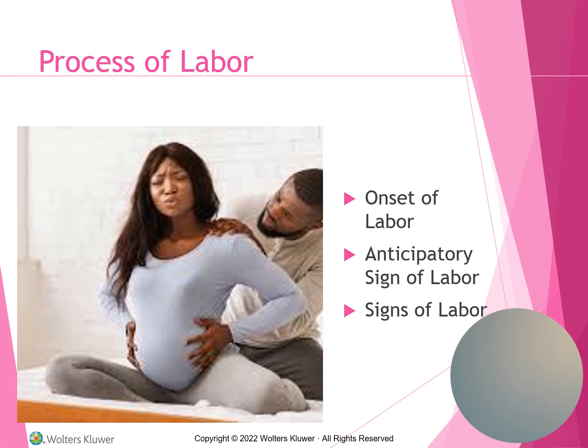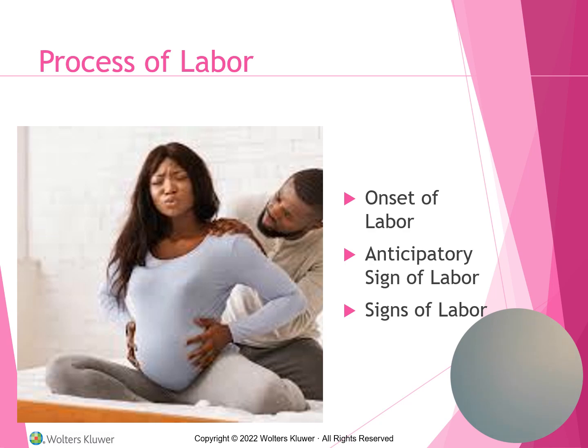Anticipatory signs of labor are things that, if mom starts seeing them, she can anticipate labor starting in the next few hours or next few days. There may be gastrointestinal disturbances. The mucus plug begins to be released. She may experience lightening.